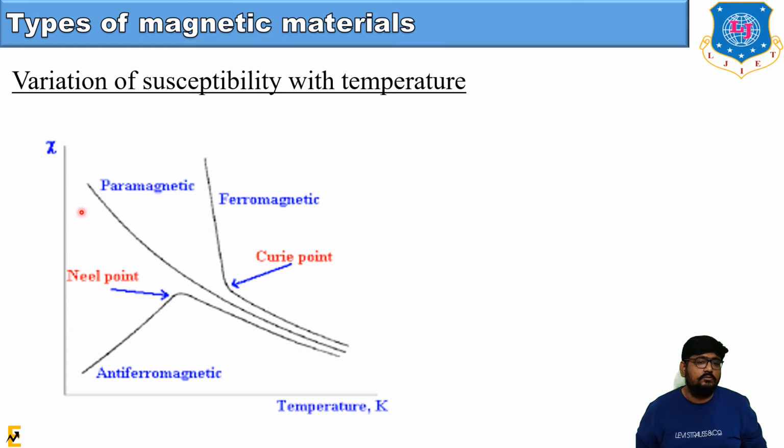of material is shown. Let us first consider the paramagnetic material. With the increase in temperature, susceptibility decreases. That is seen in the case of paramagnetic material. But in the case of anti-ferromagnetic material, initially as the temperature increases from 10, 20, 30, 40, whatever the range is, susceptibility rises.